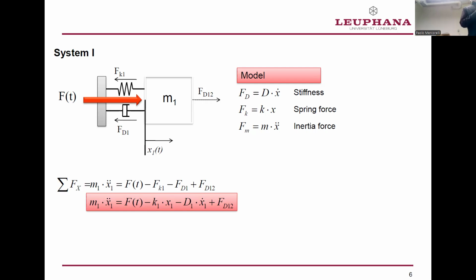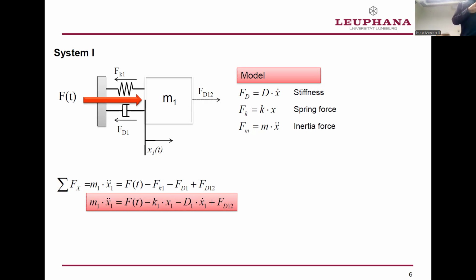Then, very important, we have the stiffness force, the spring force, and the inertial force. We can see what I intend: m multiplied by the second derivative of x in general. Now x in this case is x1.